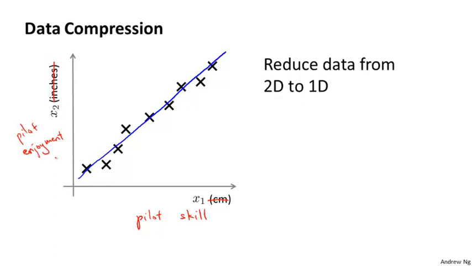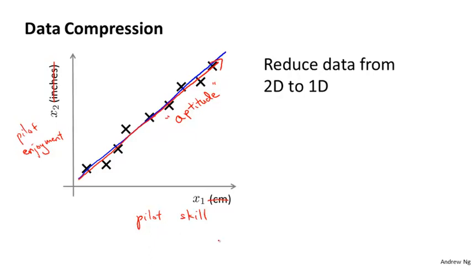Maybe these two features will be highly correlated. And what you really care about might be this direction, a different feature that really measures pilot aptitude. I'm making up the name aptitude, of course, but again, if you have highly correlated features, maybe you really want to reduce the dimension.